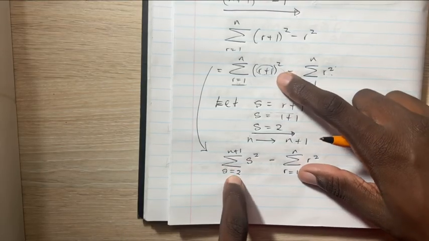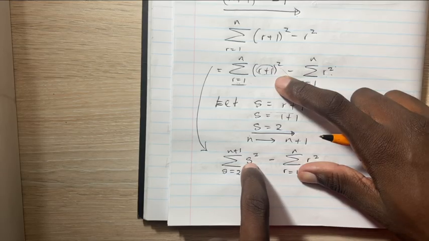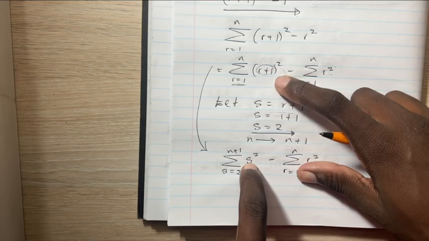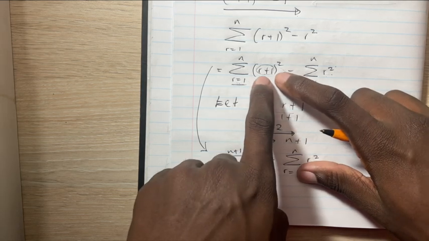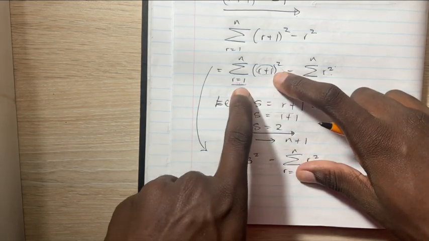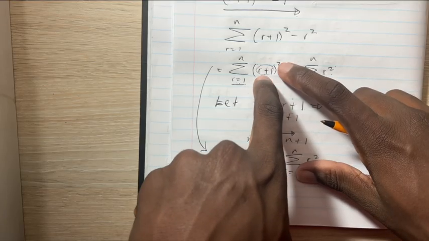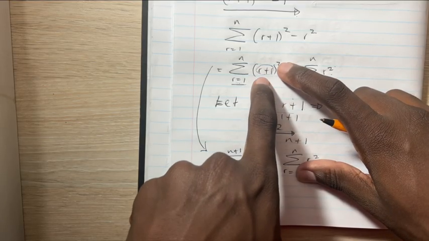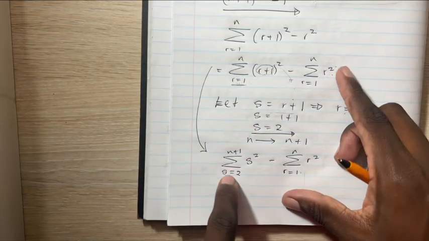The first value here would be at s equals 2. So you put 2 here, that's 2 squared. That's the first value, it's 4. The first value here at r equals 1, you put 1 here, that's 2. That's 2 squared, which is 4. So the first values are the same. Let's check the second values.